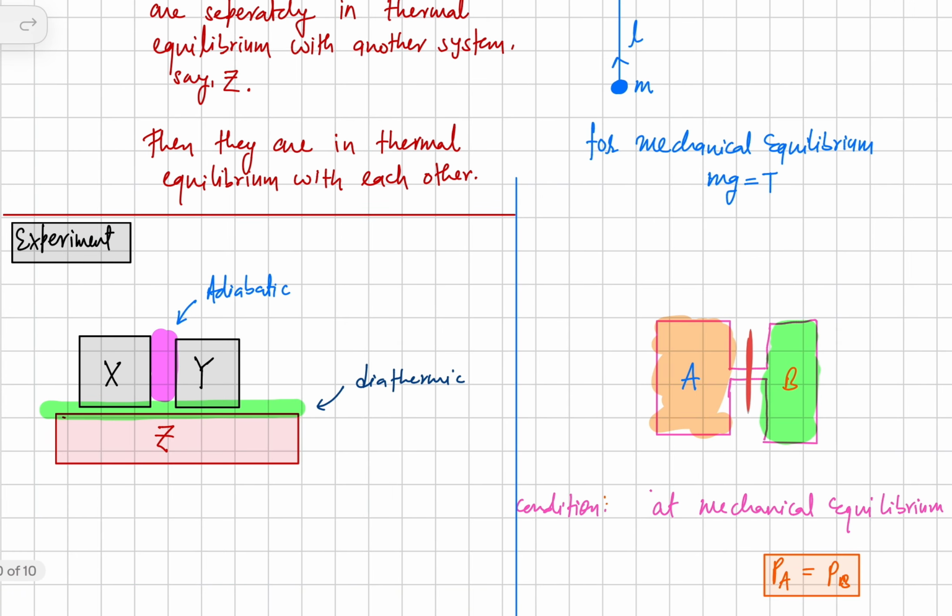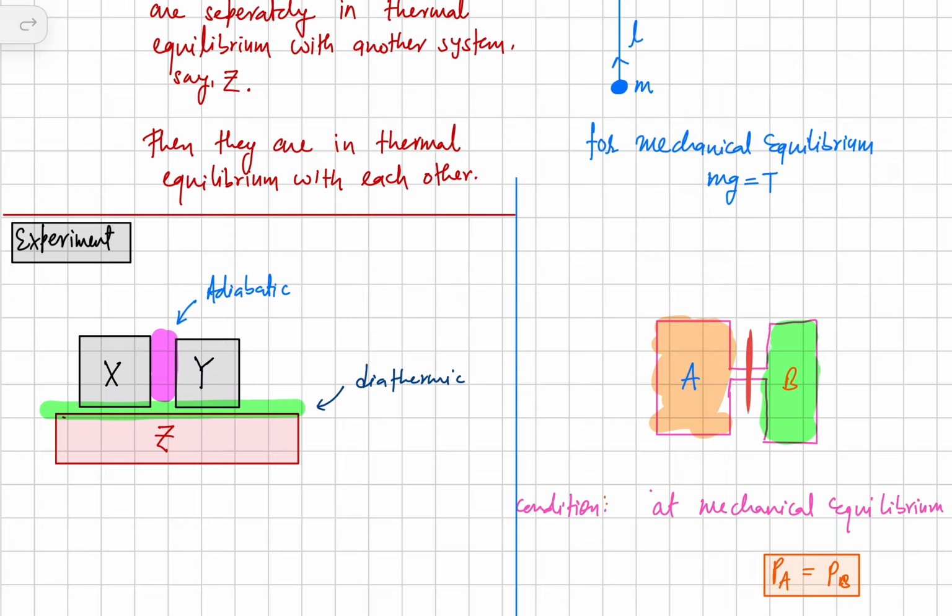So what happens at t equal to 0, the moment we start this experiment? Heat will flow from Z to X, or whichever has higher energy, because energy is going to transfer from one place to another.